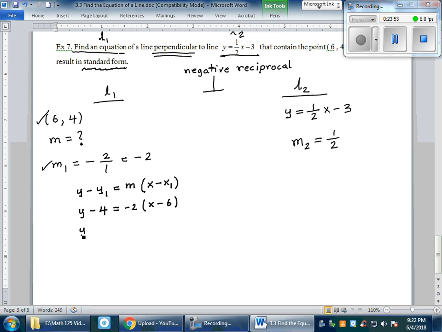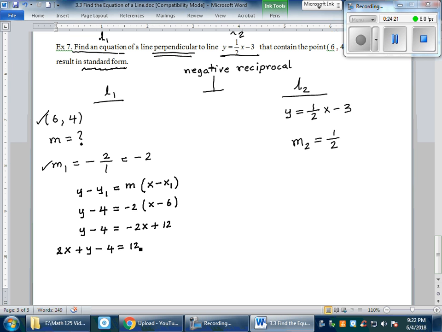So y minus 4 is equal to negative 2x plus 12, distributing negative 2. Now I'm going to add 2x to both sides, so it'll be 2x plus y minus 4 is equal to 12.